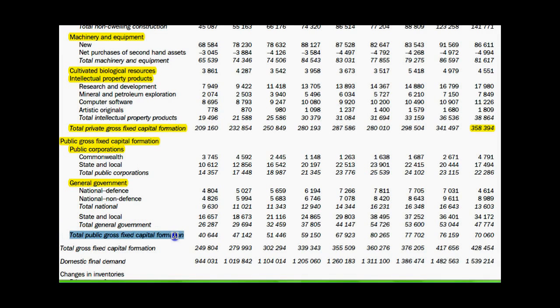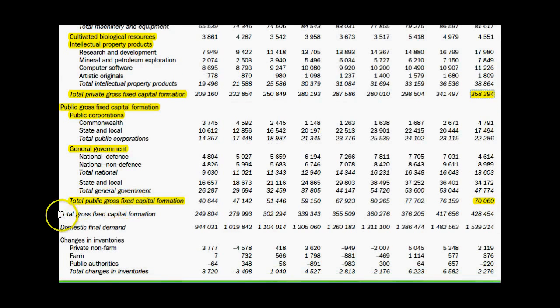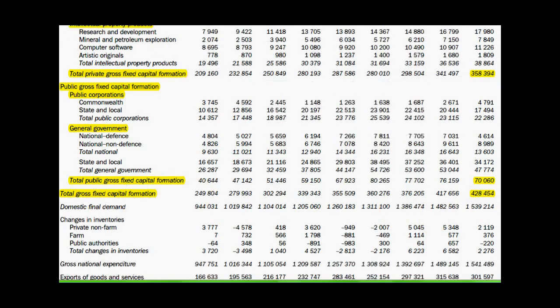So the total investment expenditure by the government sector comes to 70 billion. You can see the private sector investment is substantially larger. Then it gives you the total gross fixed capital formation, so the total amount of investment, private and public.